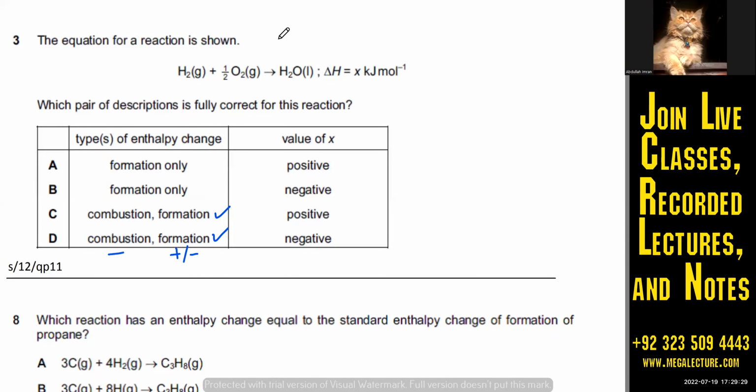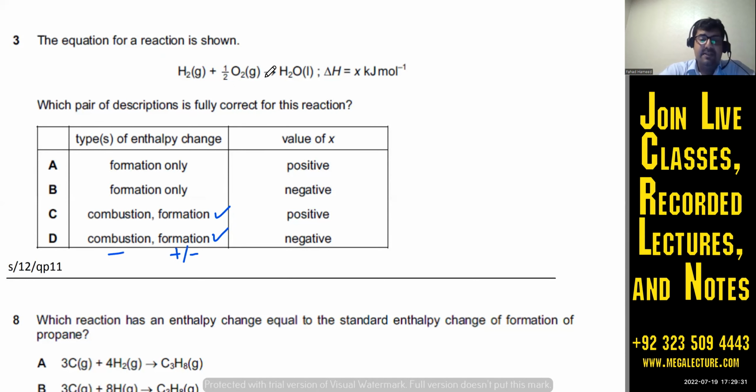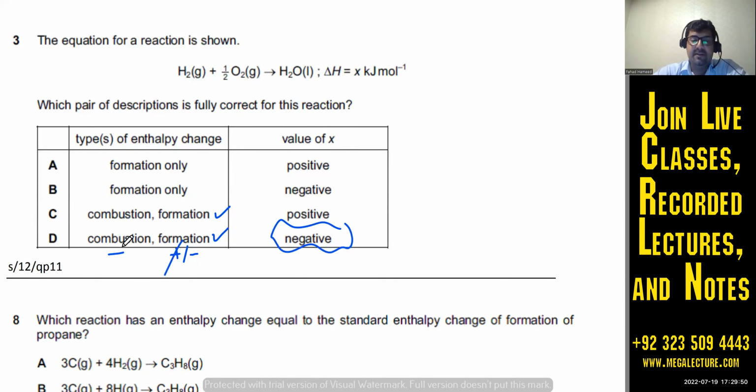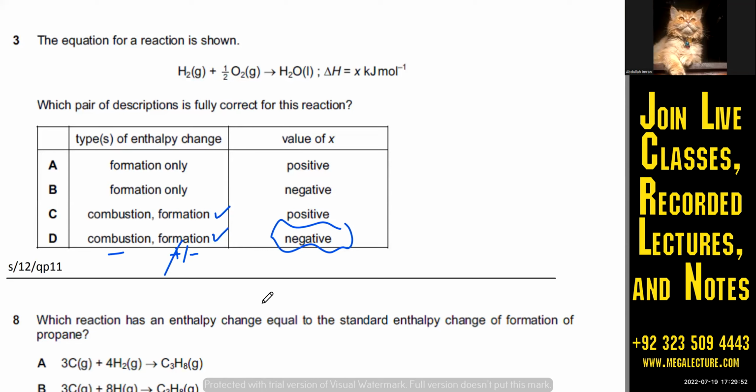So the answer to this one is it's going to be negative because it can't be positive. Both of them are representing the exact same reaction. So if you call it combustion, combustion always is exothermic, which is why it's obviously negative. If you describe it as formation, it can't be endothermic because you're calling it combustion as well.